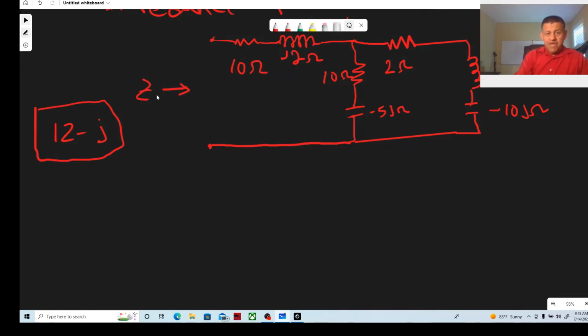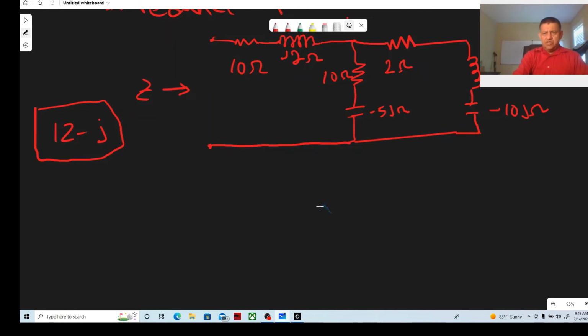Impedance is basically what we have in AC circuits when we use capacitors and inductors. So we will try to do this quickly.